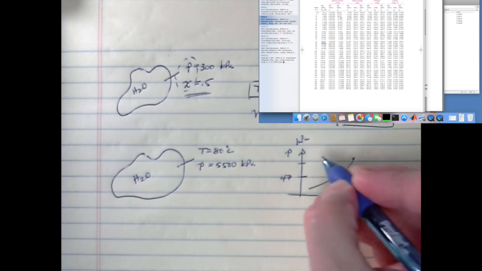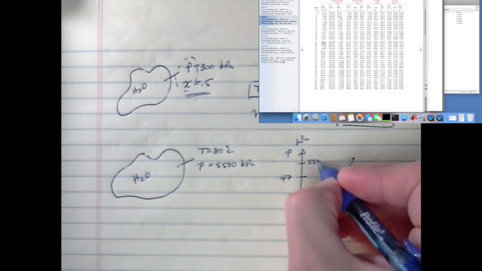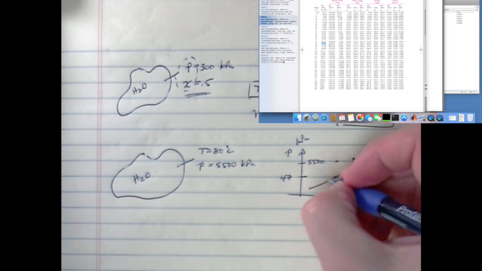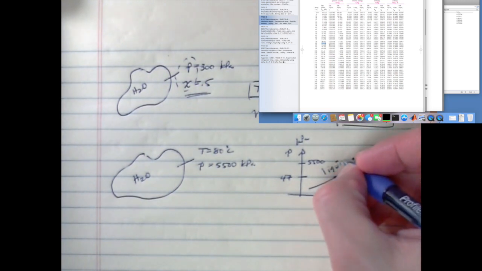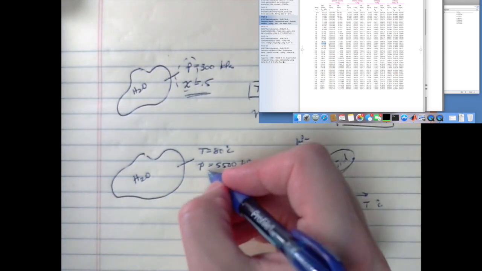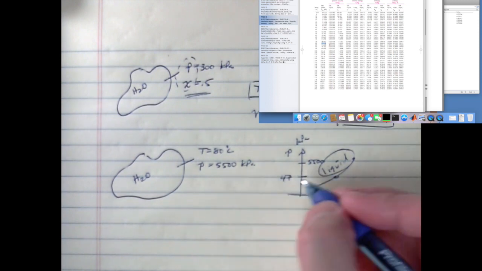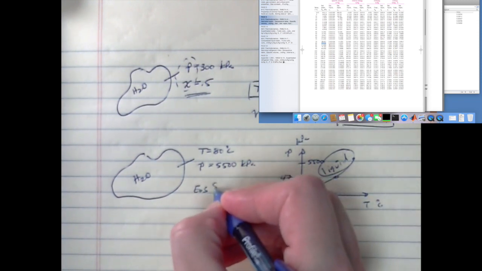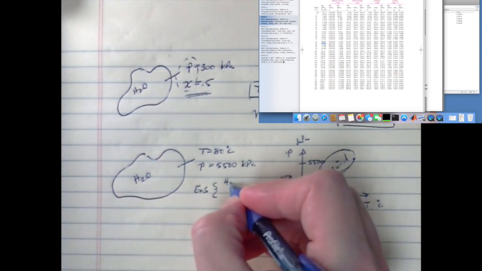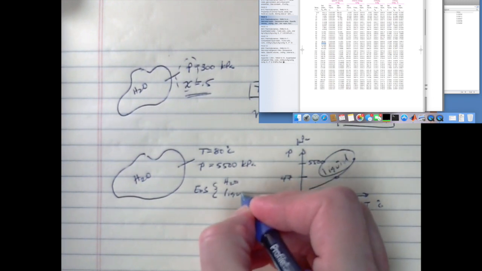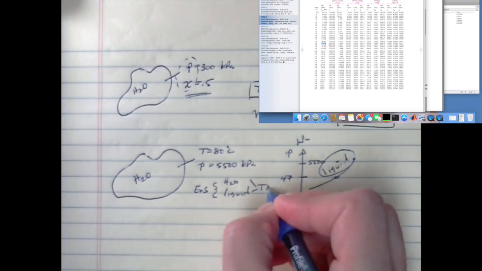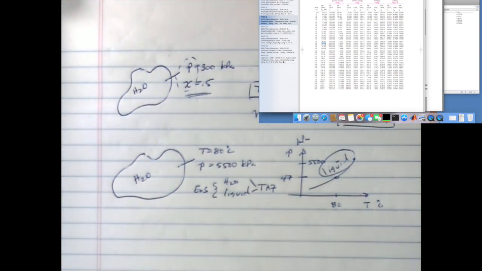Of course, our pressure is way up here at 5,500, so we are liquid. Okay, so what we'd like to use for liquid H2O is table A7.